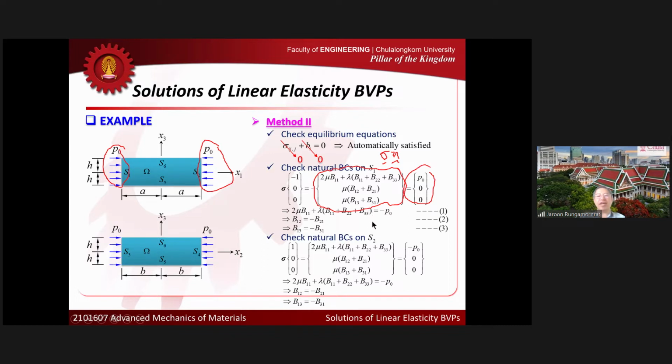If the constant B satisfies the first equation here, that equation will be satisfied too. The same thing for the second and third equations, right? Because B12 equals minus B21 here, we get exactly the same condition. So if the constant satisfies the traction on the surface S1, it will satisfy the traction on the surface S2 as well. Or I can say that I cannot get any new condition on the constant from the surface S2.